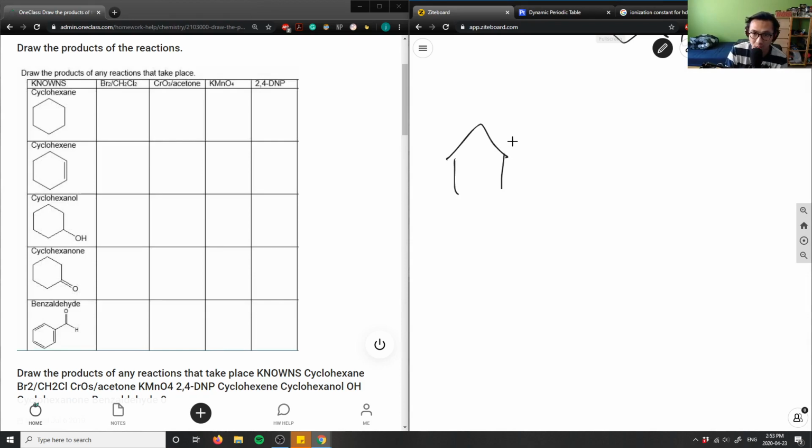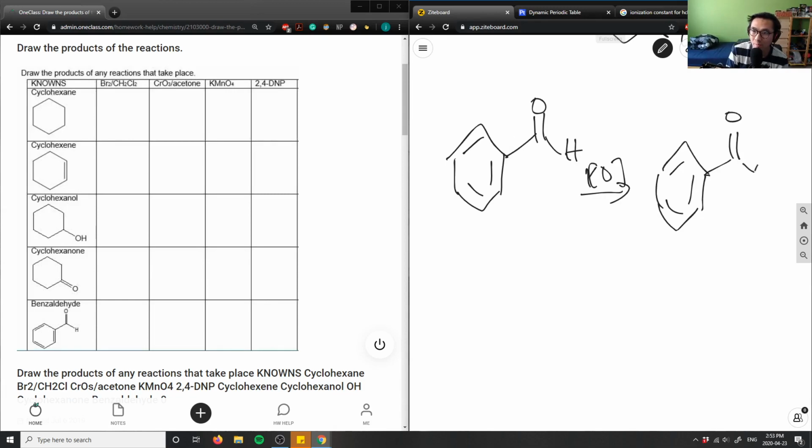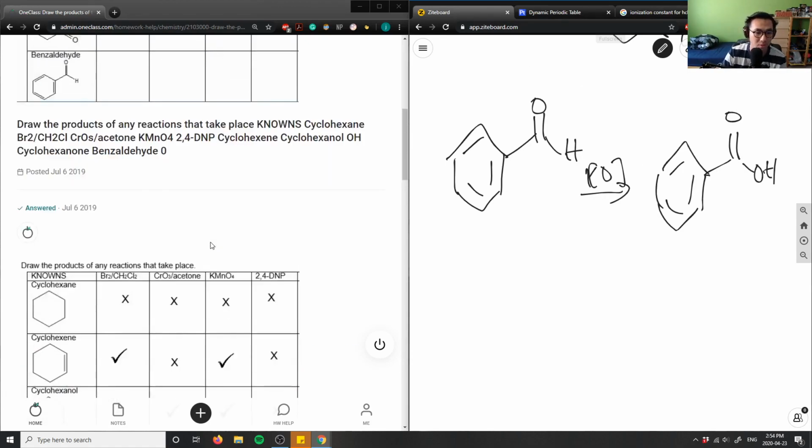You get the benzene with a carboxylic acid, like so. And with 2,4-DNP, because I do have a carbonyl group, I will make my red and orange precipitate.